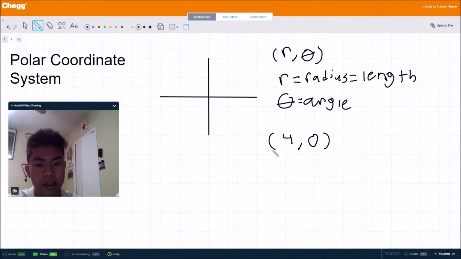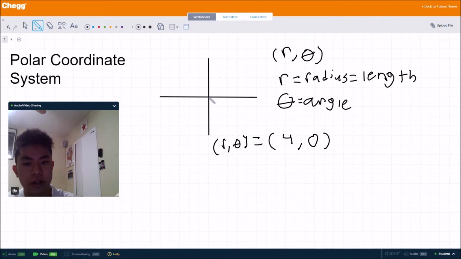And this is in terms of r and theta, right? This is not x and y. So we know that the angle is going to be 0, and that's going to be this line here, not anywhere else. We want to find where the length is 4. So 1, 2, 3, 4. Angle is 0. And we get our point, 4, 0.